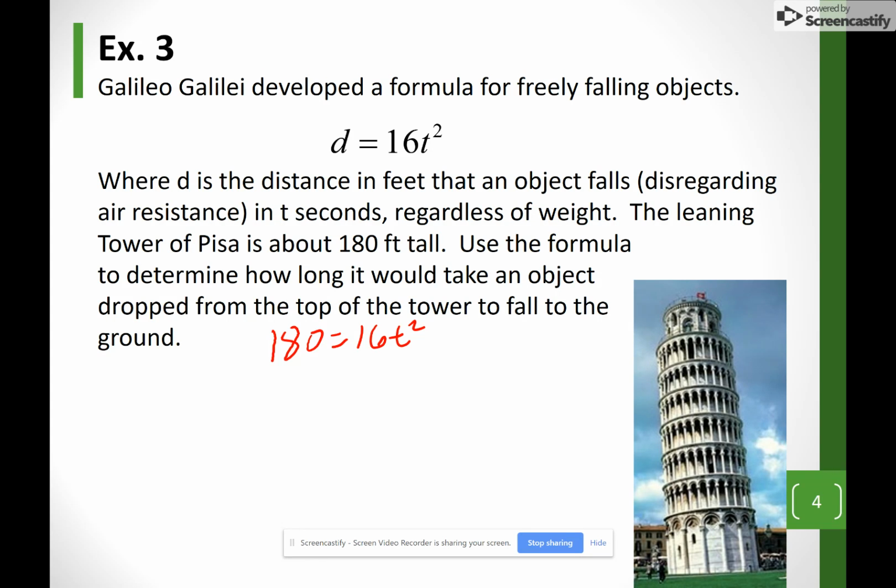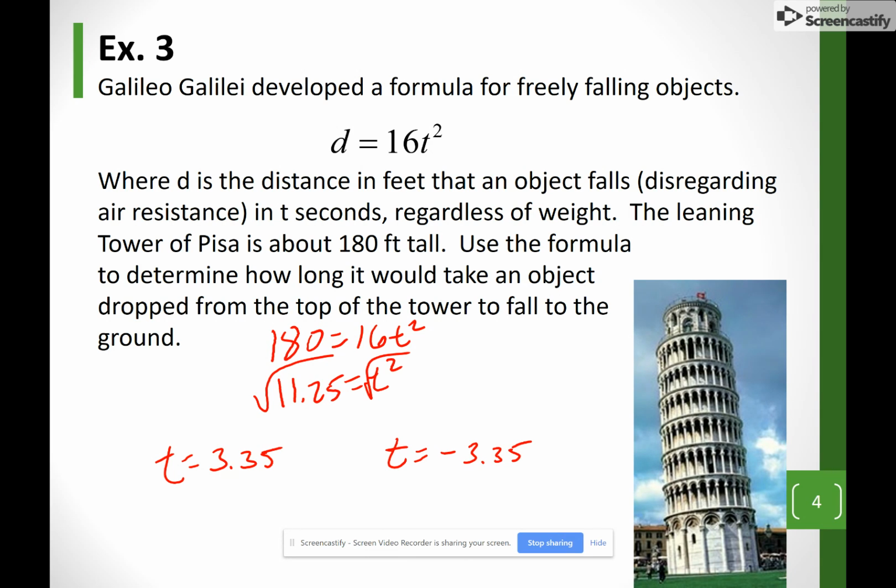And I get that 11.25 is equal to t squared. I want to do the square root of each side. And the square root of 11.25 happens to be, according to my calculator, 3.35. So that means t is equal to 3.35 and t is equal to the negative 3.35.